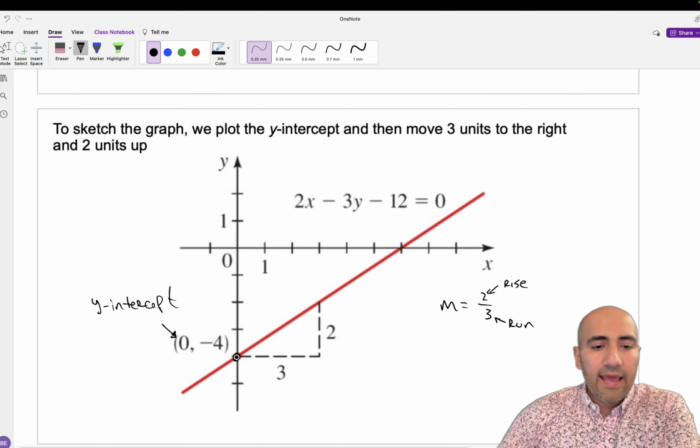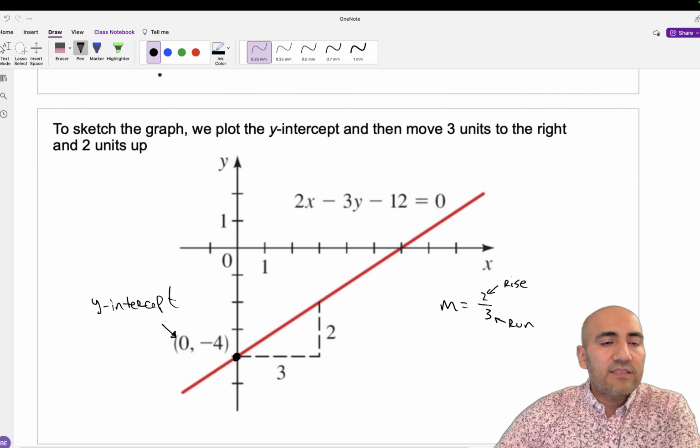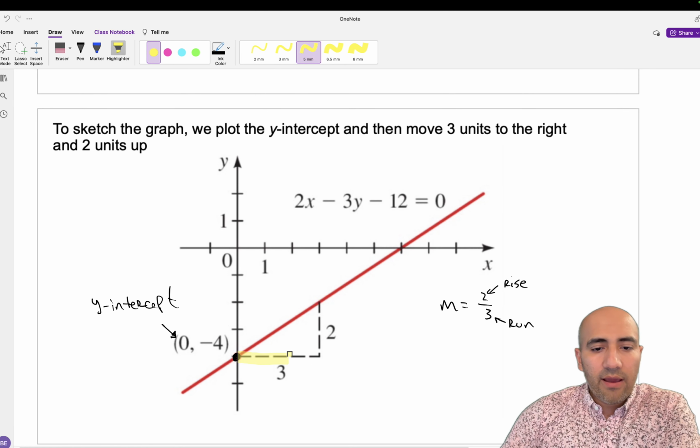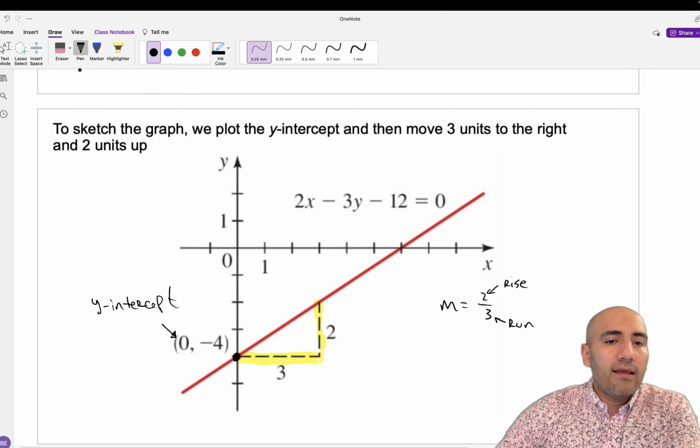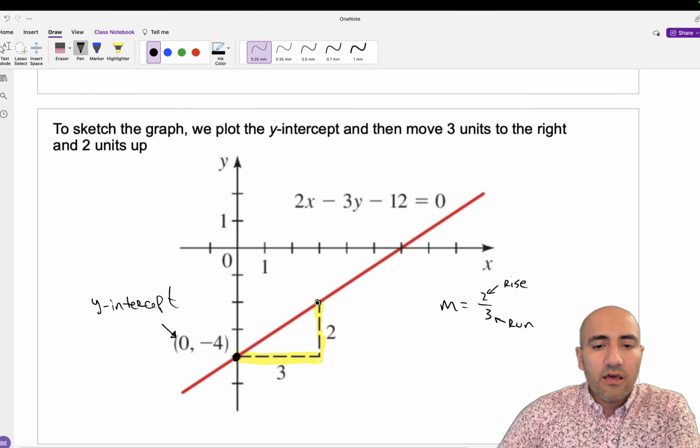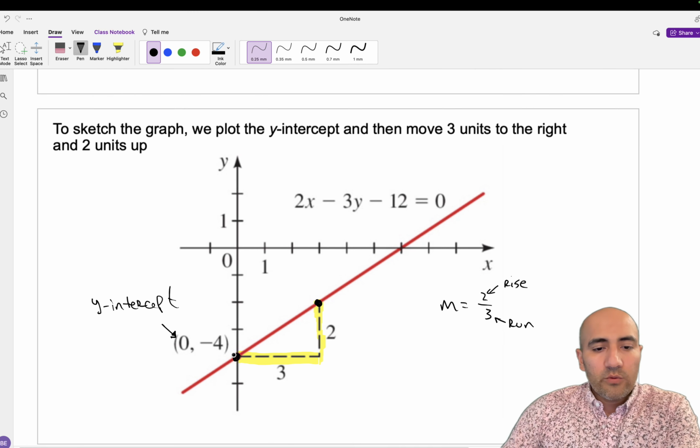So starting at the point 0, negative 4, we go in this direction by 3 units, because the run is 3. Then we go up by 2 units, because the rise is positive 2. That helps us arrive at another point on the line. We started at a depth of negative 4 and went up by 2, so this is negative 2.